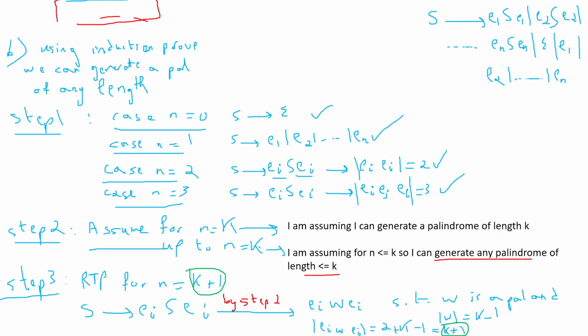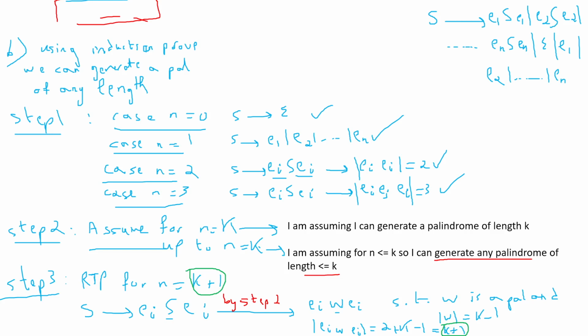Well, I just did that. I simply replaced this S with this w, such that w is a palindrome of length k minus 1. This is the whole point of induction. I can do this recursively, right? I don't have to actually worry about the steps. Just imagine there was a series of replacements in step 2 that ended up with a w such that its length is k minus 1.